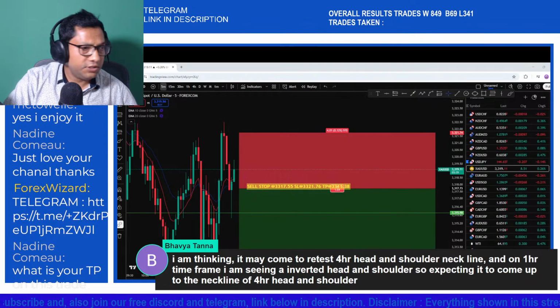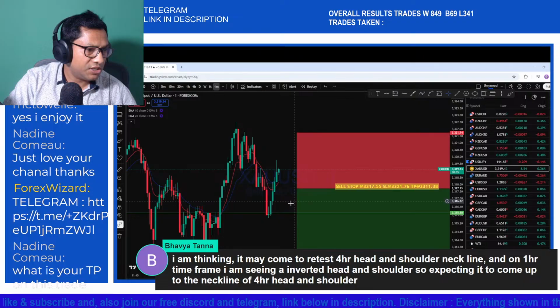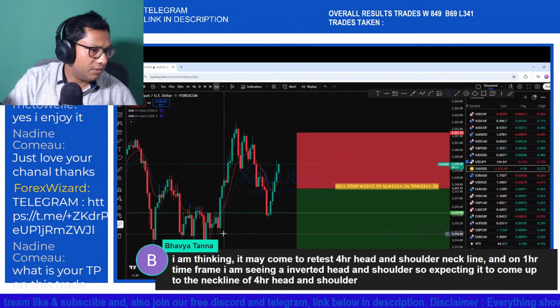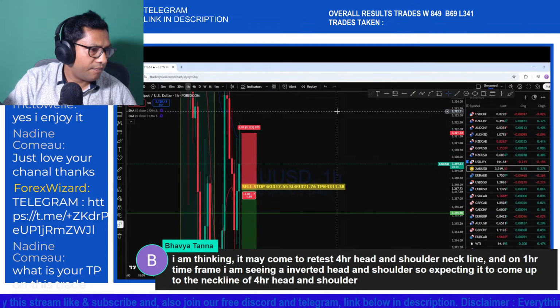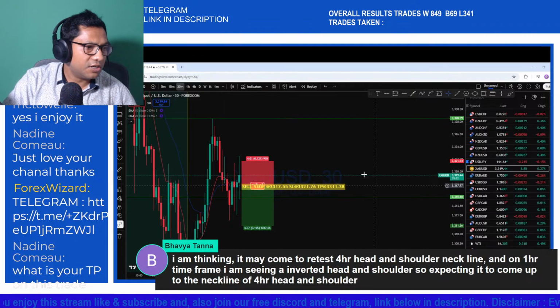Here we see the 1 minute price action from this support. Okay, so we see the 30 minutes close coming.